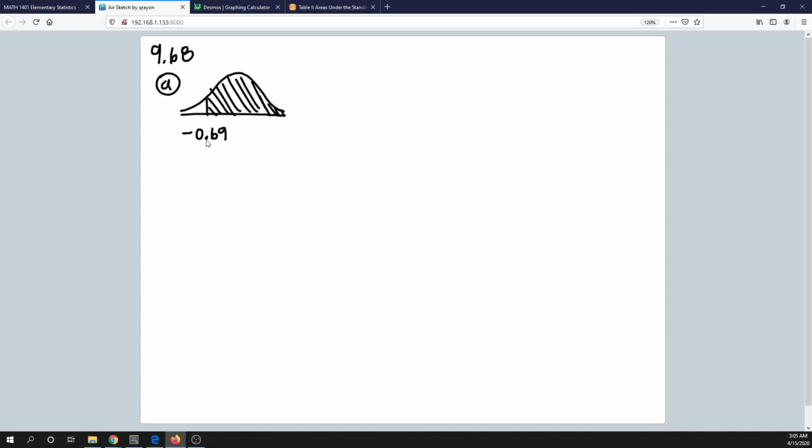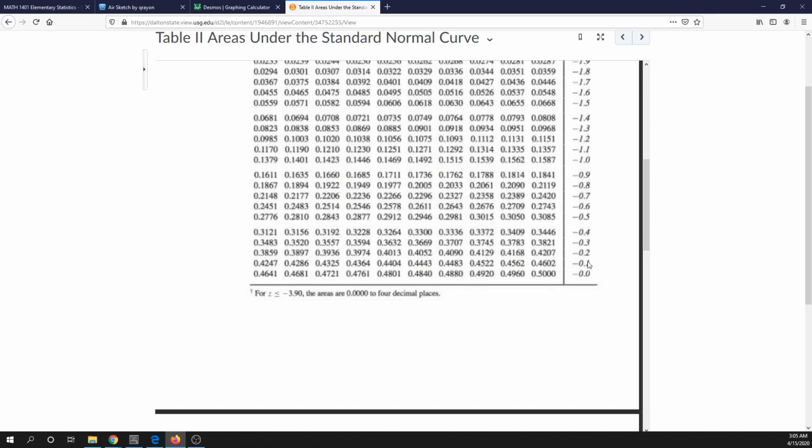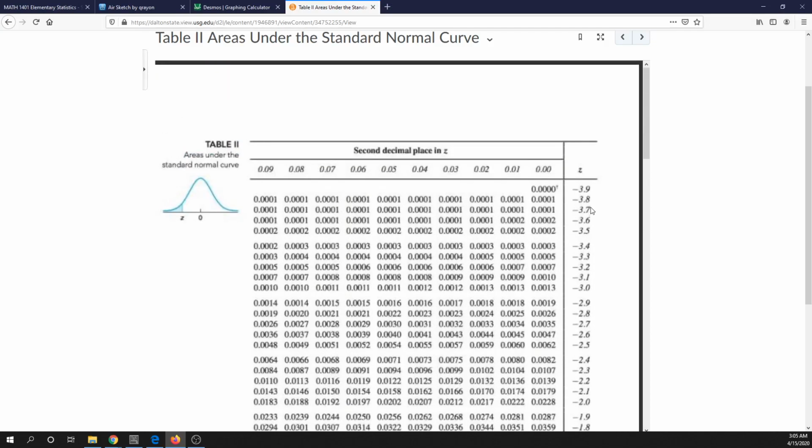All right, so what we'll need to do is go and look up the value in table 2 of minus 0.69. When we do that, minus 0.69, that's all the way on the end.